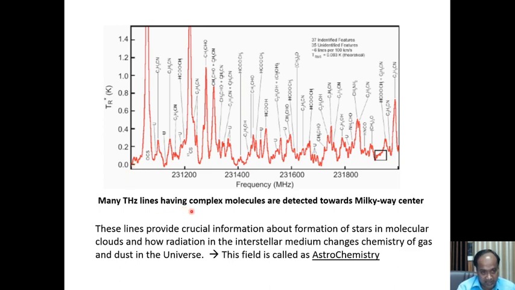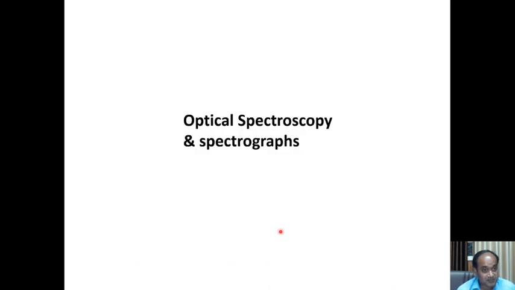These are very crucial for the formation of stars, as well as, as I said, in the biological context. And so radio astronomy is giving you a lot more information, not just for astronomy, but also for very different areas. Now I will quickly come to another wavelength region, which is optical spectroscopy.